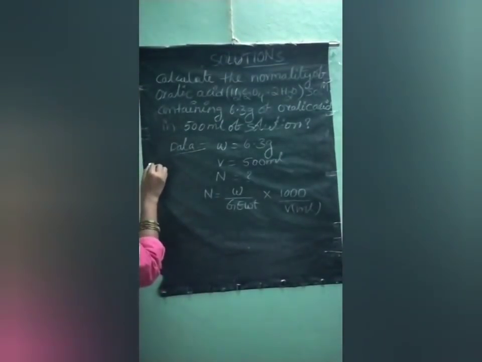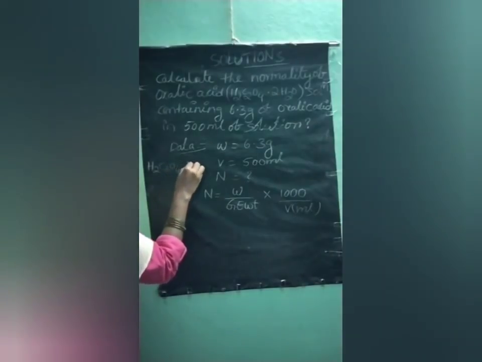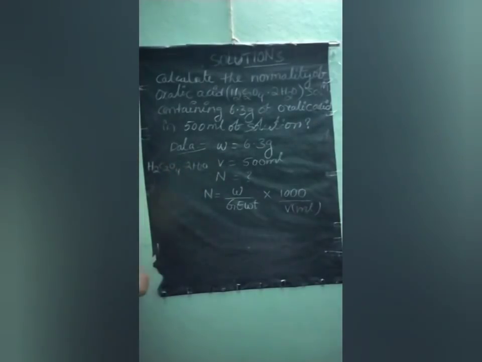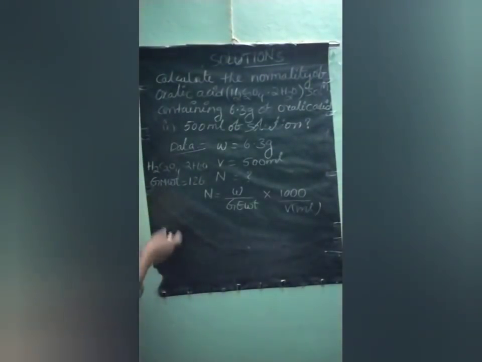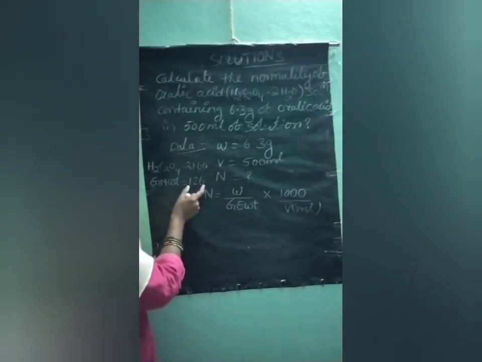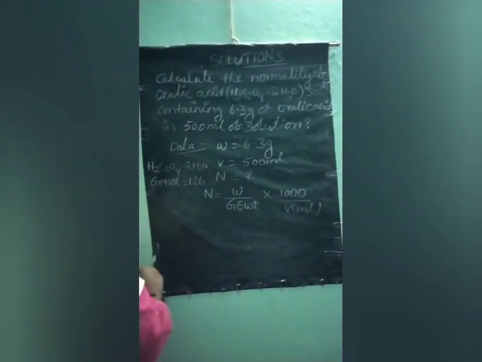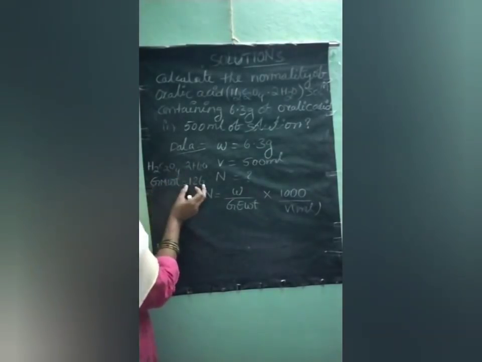The molecular formula of oxalic acid is H2C2O4·2H2O. We already know the calculation of the gram molecular weight, so we get the gram molecular weight of oxalic acid as 126.